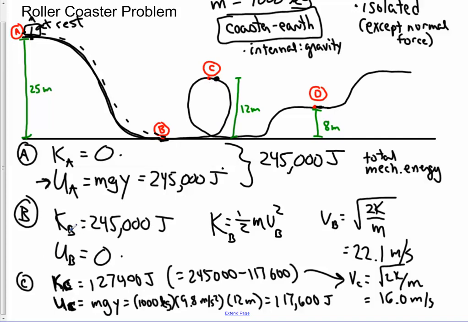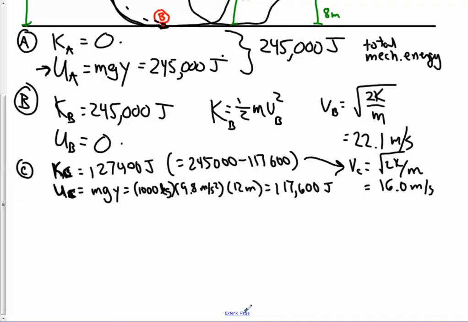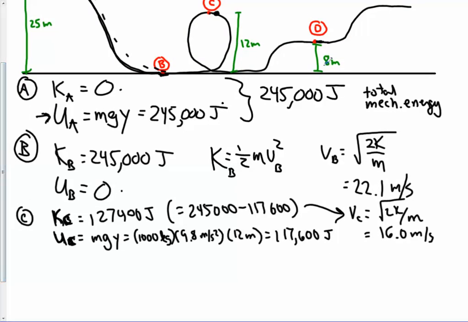Okay, and then finally D, same thing. It's just more of the same. At point D, we're 8 meters above the ground.